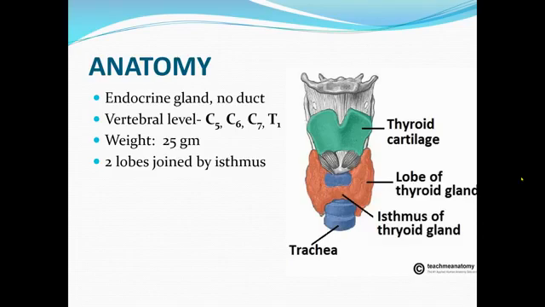The isthmus is in front and the two lobes at the sides. But the thyroid gland may be located at another site, that is called ectopic thyroid. Define ectopic thyroid.